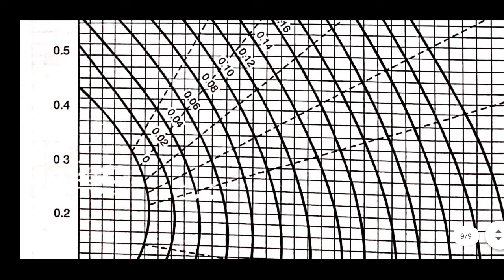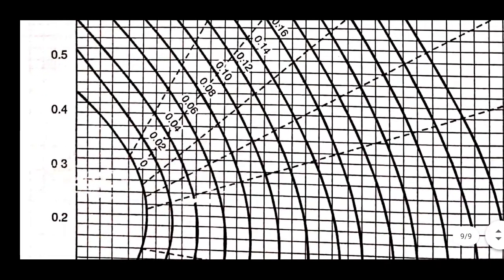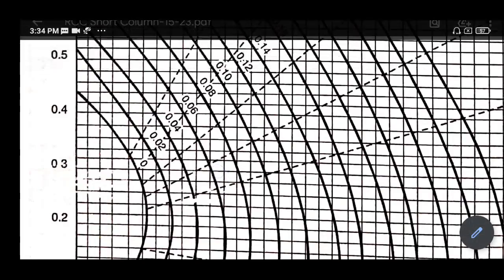Okay, so now we have to find out the point which belongs to 0.06 and 0.333. Okay, 0.333 will almost be there. If it cuts the 0.06 curve, it will be maybe here.